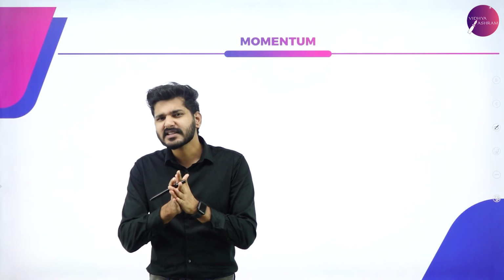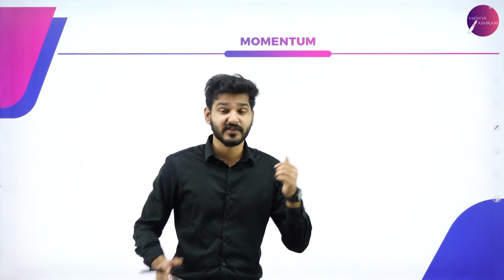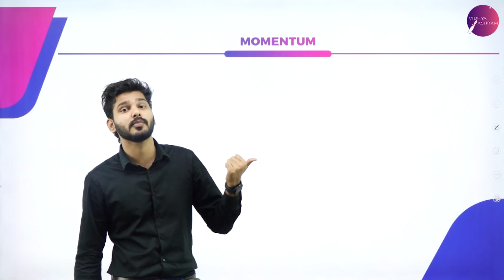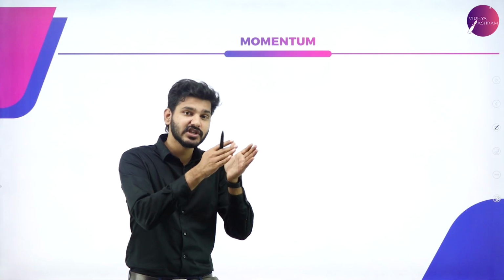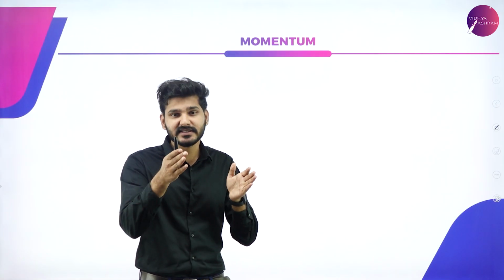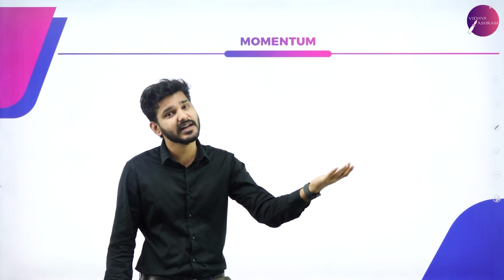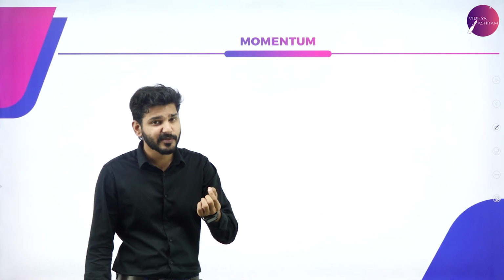Now, what does this momentum have to do with everything we are going to see? We just saw that the rate of change of momentum is proportional to the force applied, which means that the rate at which momentum varies depends on the force we are applying, because velocity is related to that. And again, is there anything more to this momentum?